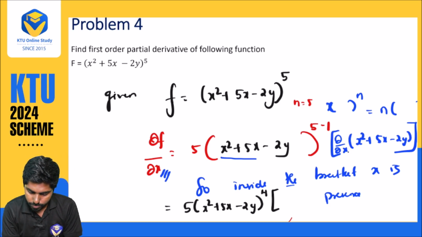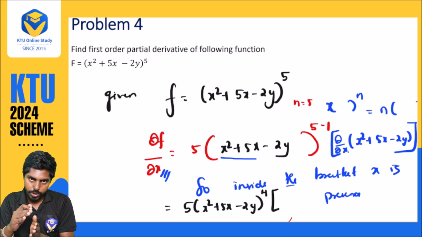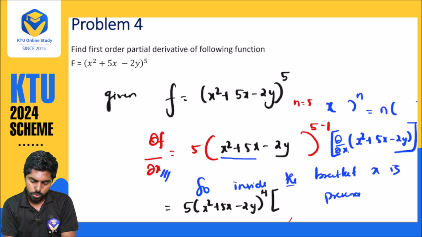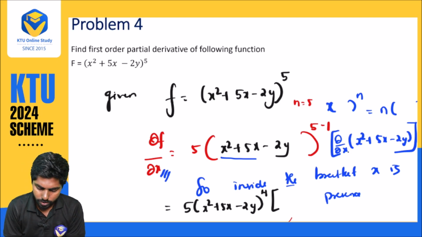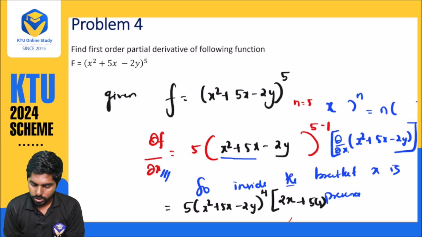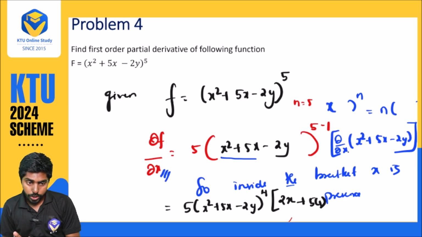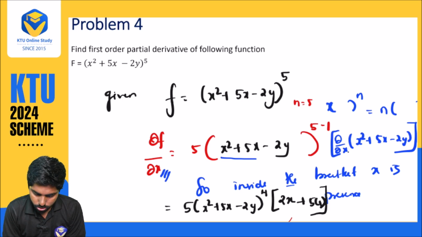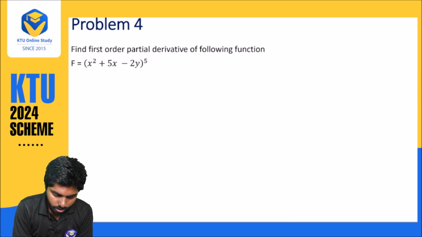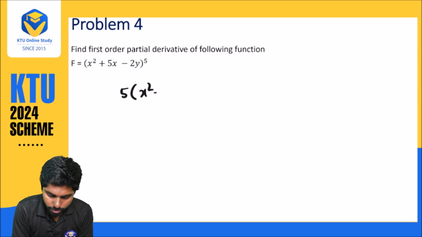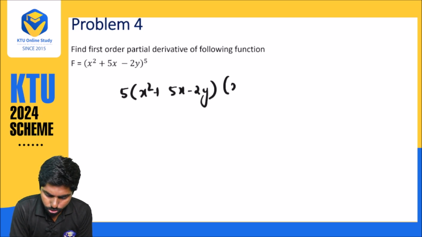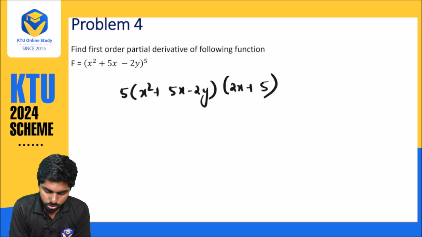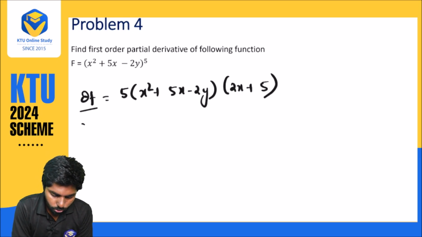Partial derivative with respect to x: x square will become 2x, plus 5 into 1. And minus 2y is a constant, so it will become 0. So our answer is 5 into (x square plus 5x minus 2y) power 4 into (2x plus 5). So this is our required dou f by dou x.